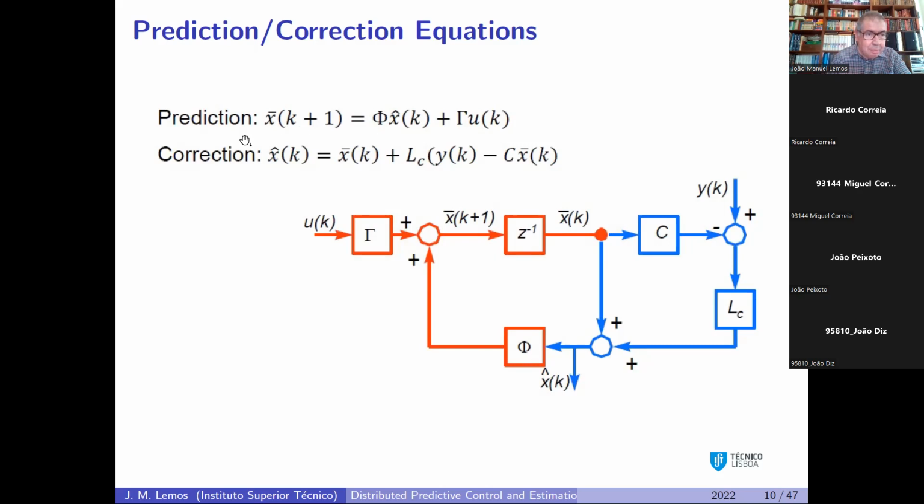We call this the prediction operation, and then you receive your last observation y, and you correct your prediction by this term here, which is proportional to the error between y k and C x bar. Okay, there is a bracket here.